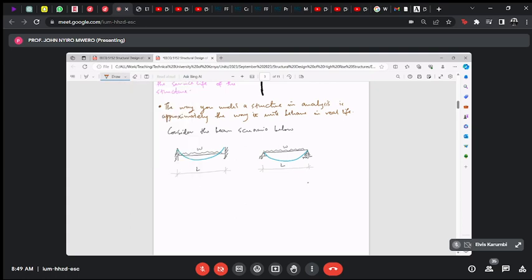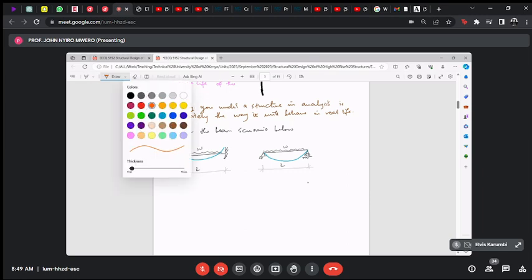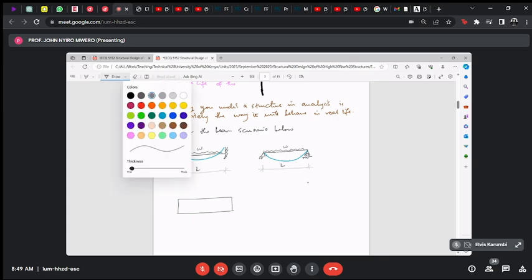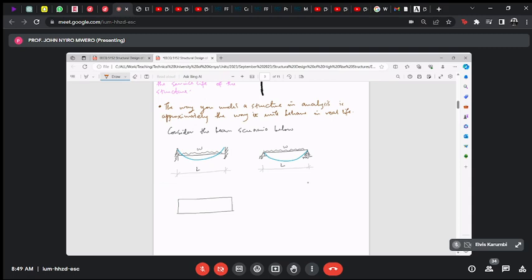like in the first case, then when you come to design this beam and detail it, you will make provision for reinforcement there to take care of that.